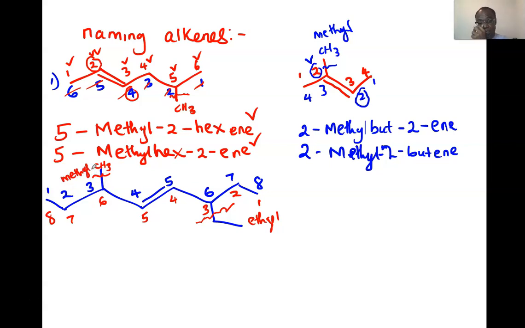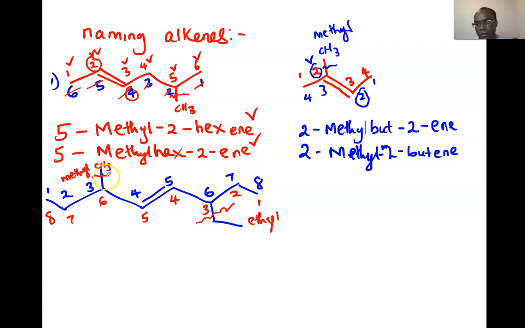Okay, now let's find the numbers for the double bond. That's the priority number 1. If the double bond position is not helping, we look at the least number position of the substituents. If the least number position of the substituents is not helping and there's a tie, we go with the alphabet rule to decide which numbering system is correct.